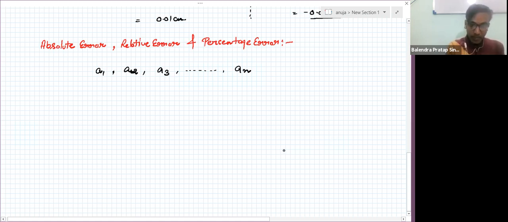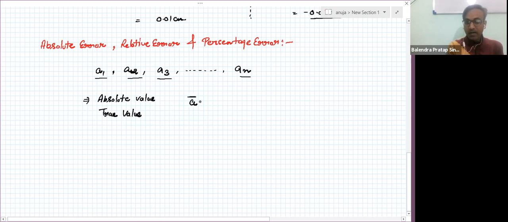So now the absolute value, which we also call true value, can be found by taking the average of all these values, which is denoted by the symbol a bar, or you can say the mean, which is A1 plus A2 plus A3 up to AN divided by small n.